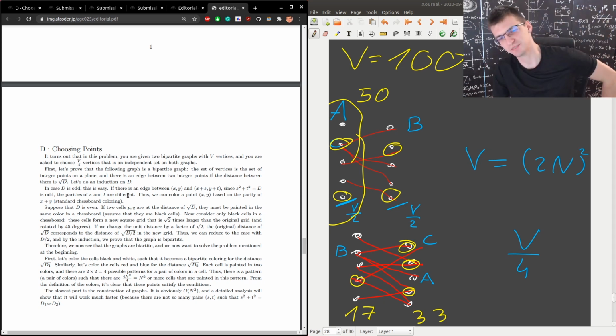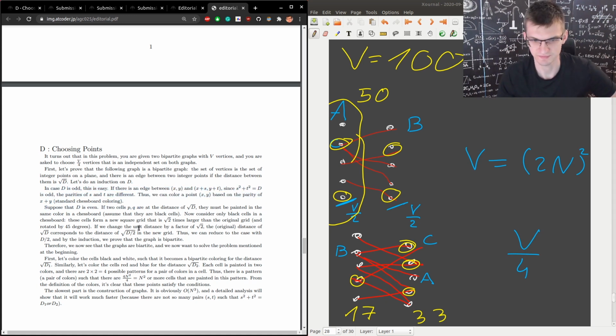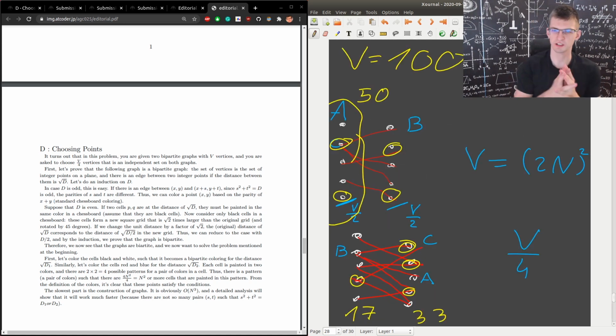Damn it, such a nice problem. To implement it, I need to understand how exactly to create the graphs. And my proof was different than theirs.